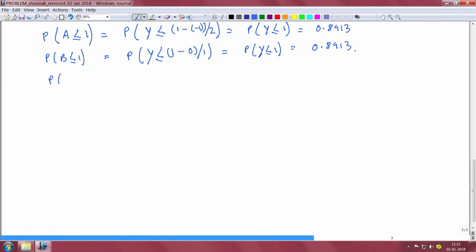Next, probability that c is less than or equal to 1 is equal to probability that y is less than or equal to 1 minus 1 by 2. This is equal to probability that y is less than 0, equal to 0.5. All these values are calculated from the normal distribution table.